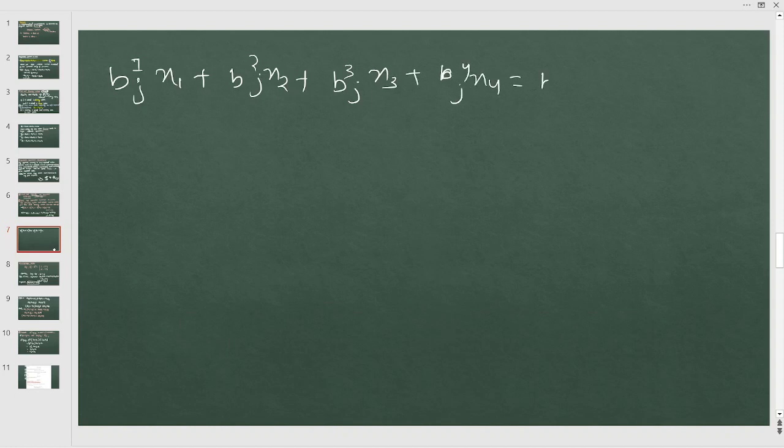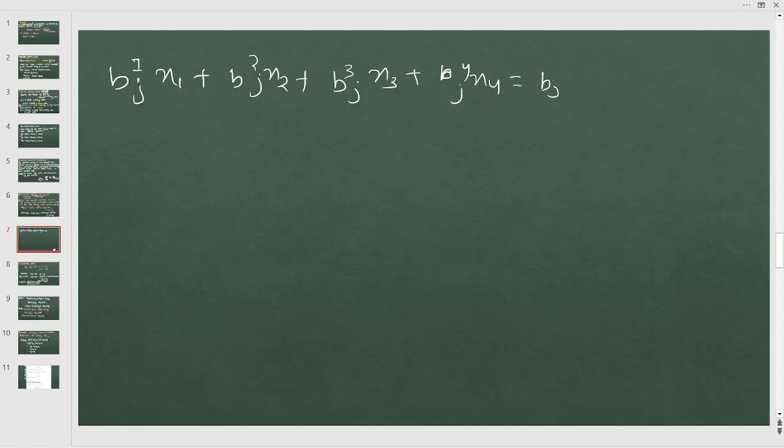Let me write it for you: b1j x1 plus b2j x2 plus b3j x3 plus b4j x4 is equal to vj. You have to find the free indices and dummy indices in this expression.